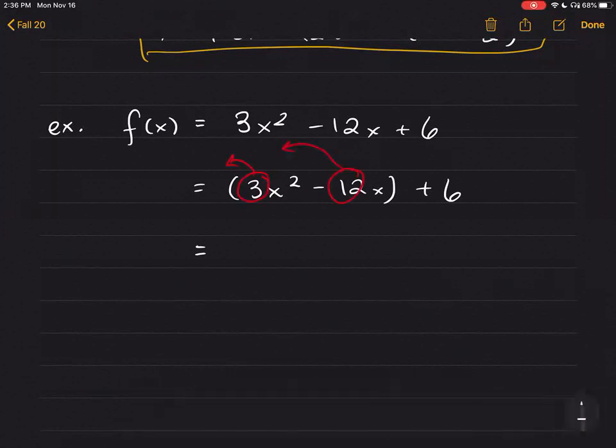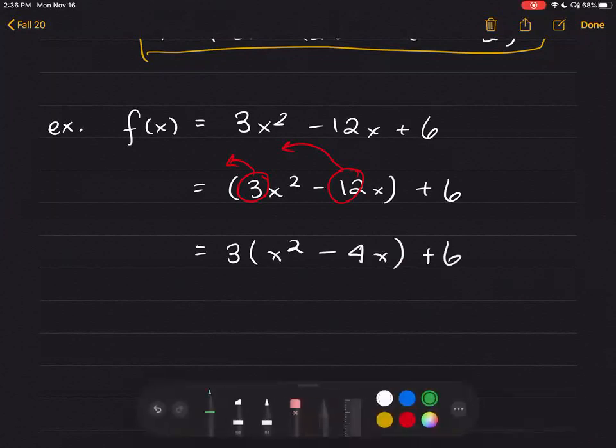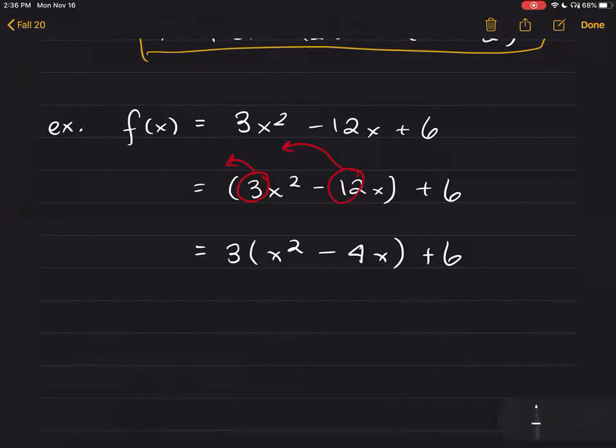And so this will be 3 times x squared minus, and then 12 divided by 3 is 4x plus 6. All right, and you can see that if you take the 3 here and you go back into the parentheses like this, you'll get back out the thing we started with. So pull the number in front of the x squared out.